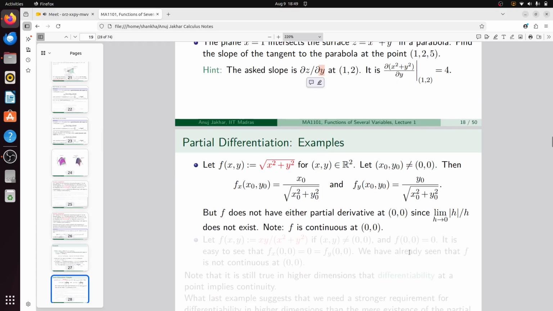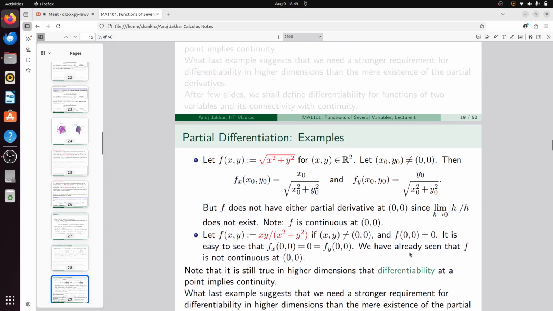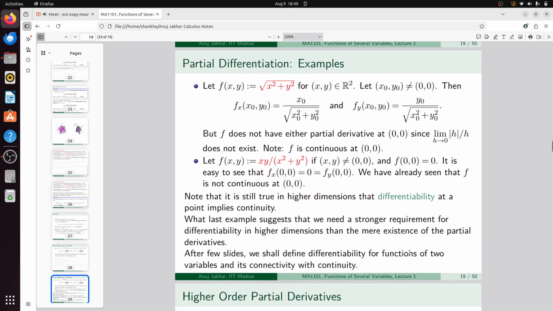Next, these are also similar concepts. Partial differentiation examples. Let f(x, y) equal the square root of x square plus y square for (x, y) belonging to R square. Let (x0, y0) not equal 0, because at (0, 0) you cannot get the partial derivative.